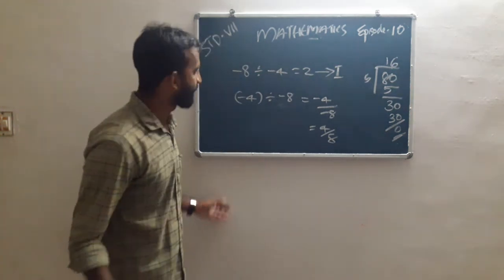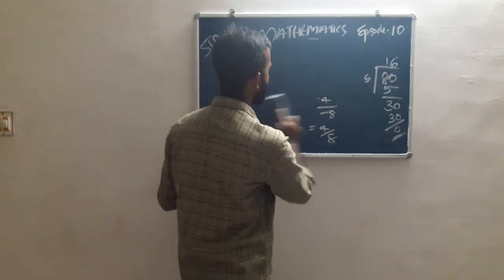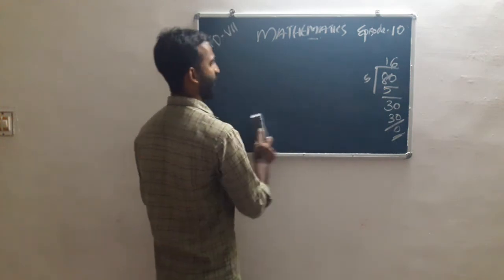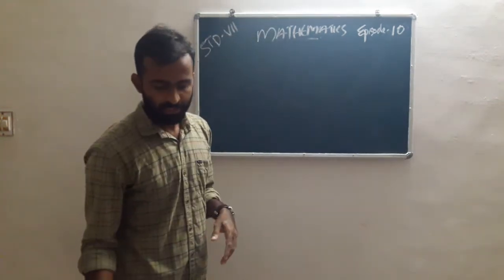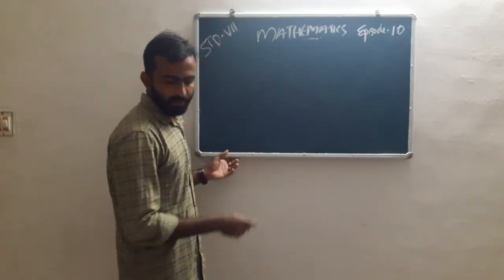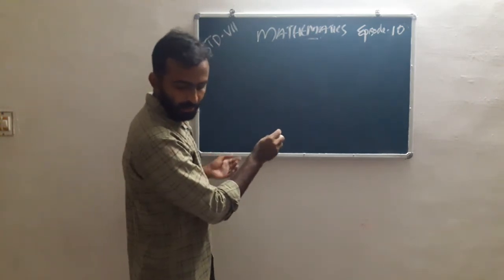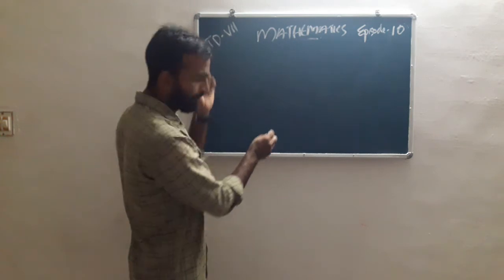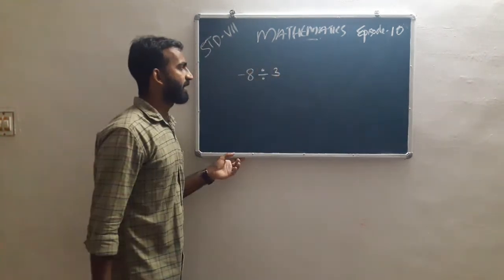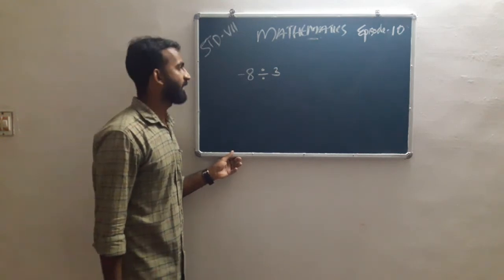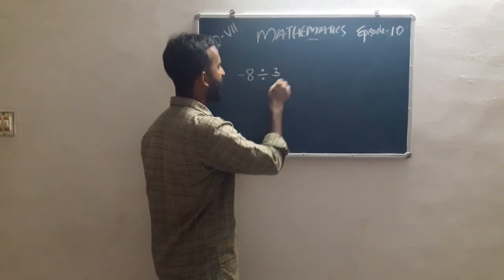Okay. What is the next one? Negative 8 divided by 3.